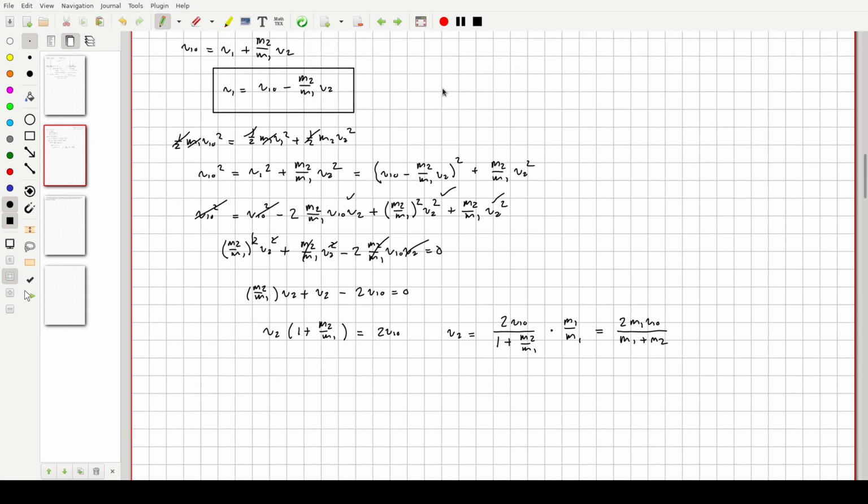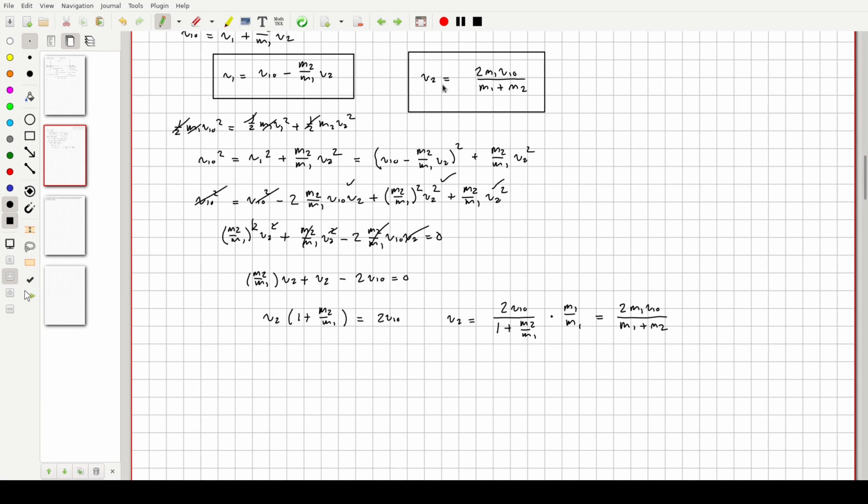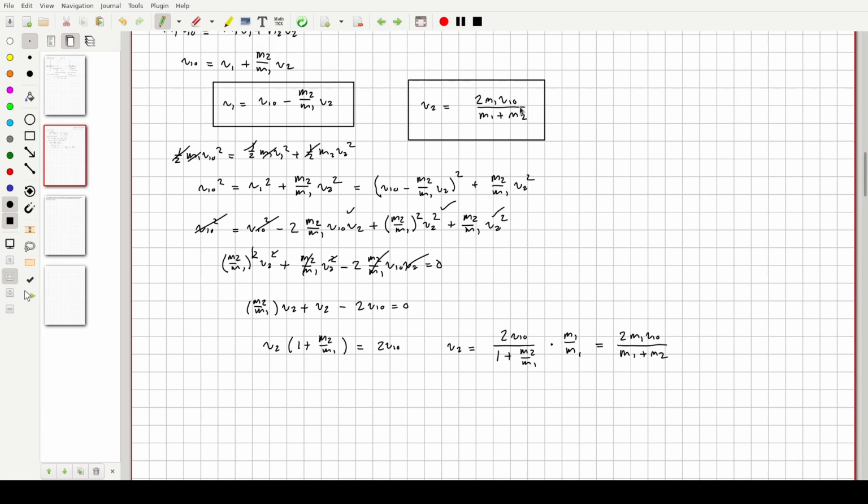So let's write this up over here. So here we have V2 in terms of things that we know at the beginning of the problem, like the masses and the initial velocity.